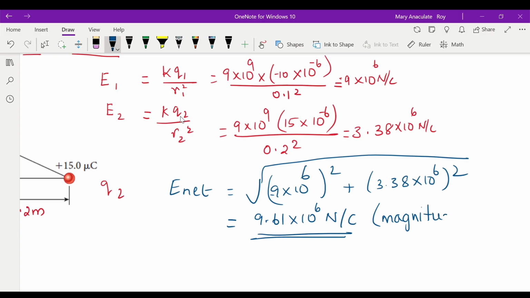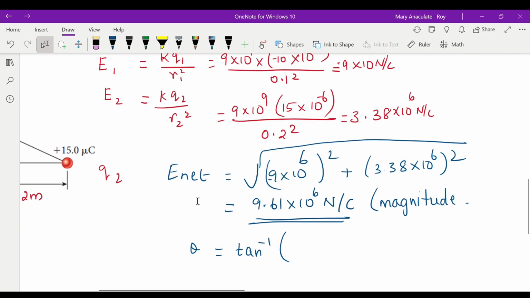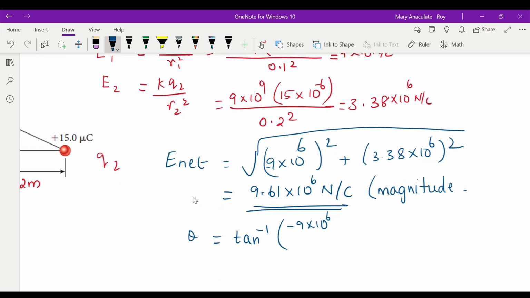So how will you find the direction? Theta is tan inverse of the y component over the x component. So you put minus 9 times 10 to the power of 6 over 3.38 times 10 to the power of 6. So you will get negative 69.4 degrees.